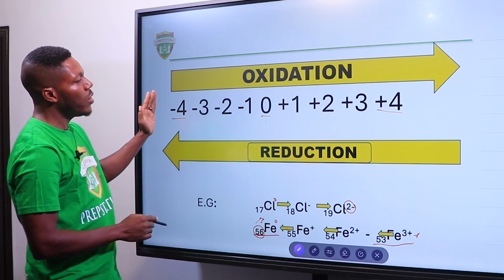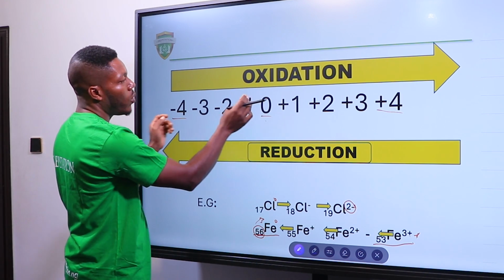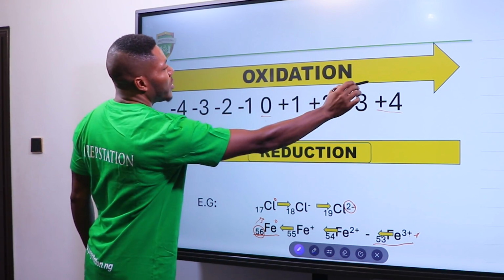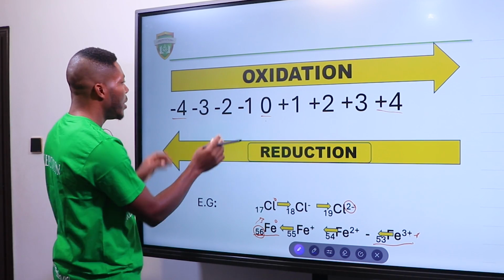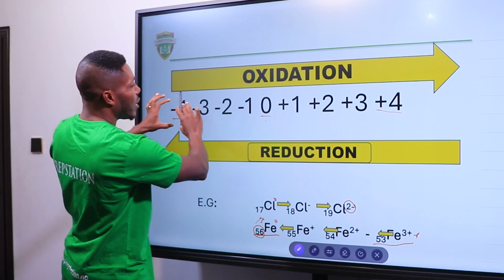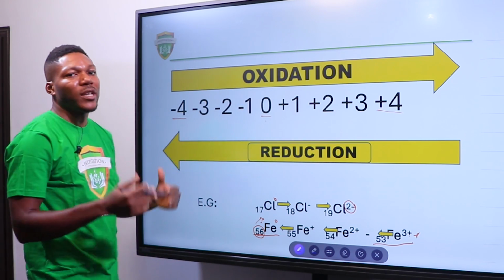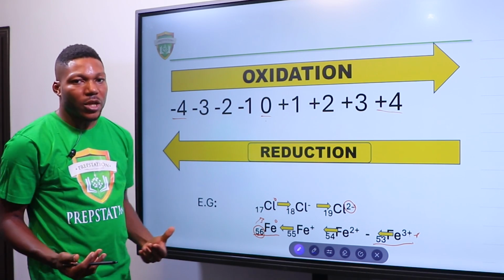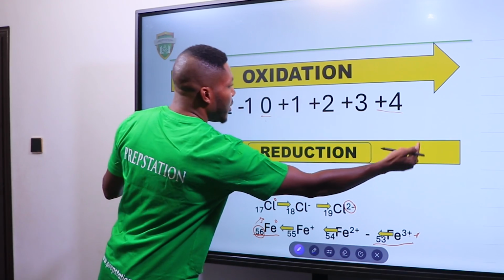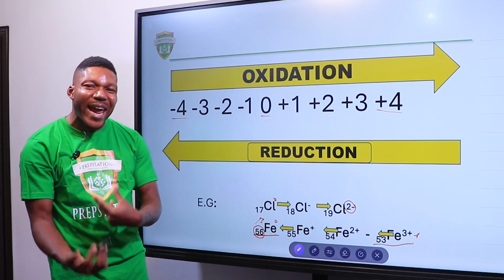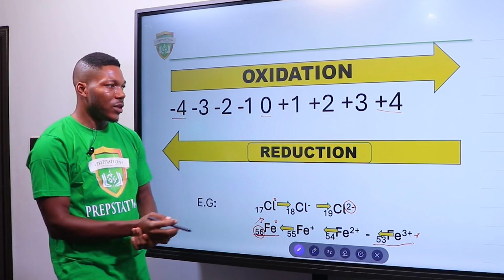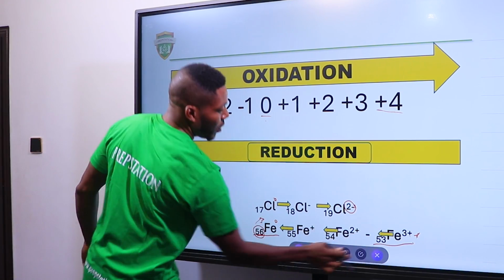Moving from minus to plus is called the oxidation process, meaning loss of electrons. Substances that do this are being oxidized. They have lost electrons. But substances that undergo this process from plus to minus are being reduced, meaning they have gained more electrons to their atoms. All right, let's proceed.